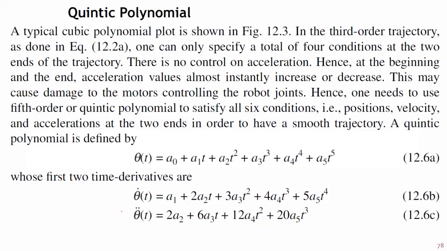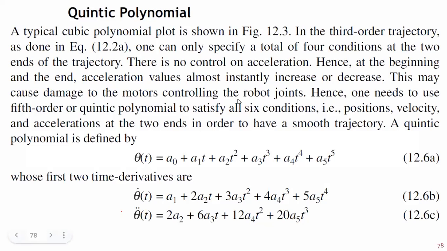Hence, one needs to use fifth order or quintic polynomial to satisfy all 6 equations, that is positions, velocity and accelerations at the two ends in order to have a smooth trajectory.